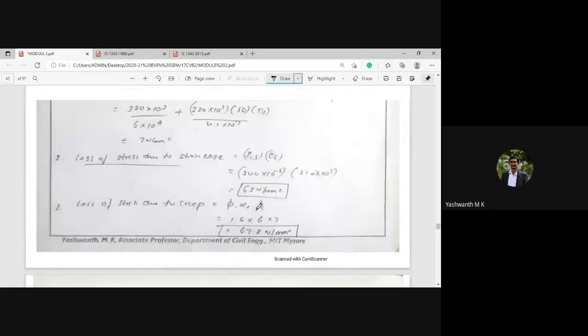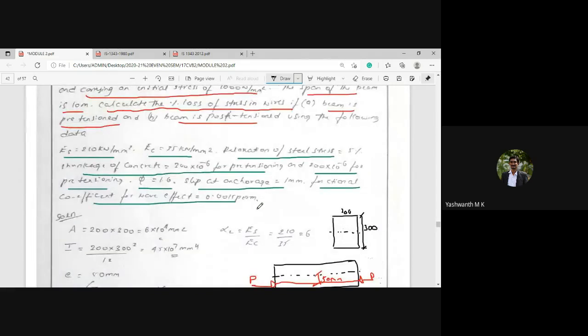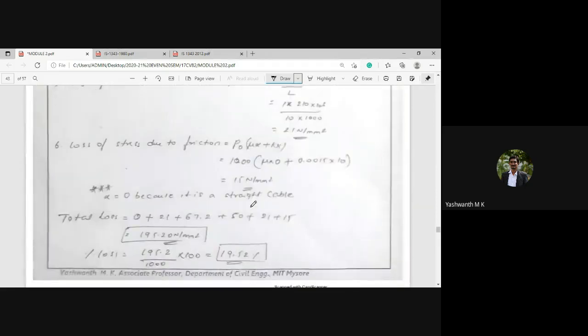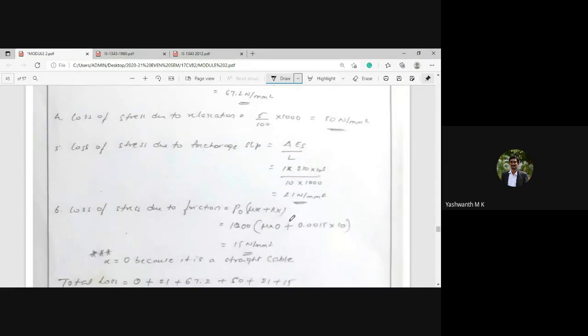In the problem, they have not mentioned anything regarding the coefficient of friction between cable and duct, so I am going to retain that as it is. Alpha is 0. Why is it 0? Cumulative angle is 0 because it is a straight cable. For a straight cable, no inclination will come into the picture.